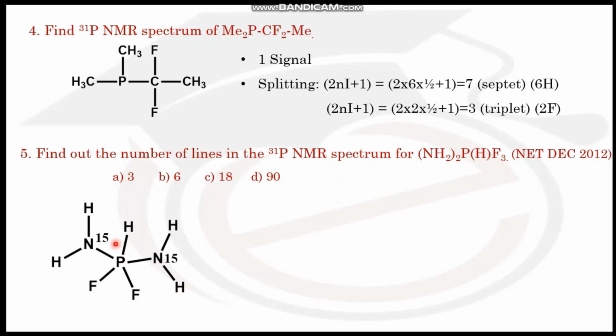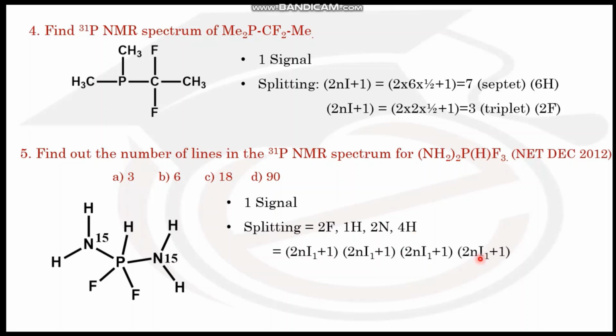So overall 1, 2, 3, 4 types of splitting are there due to this A type hydrogen, B type hydrogen, nitrogen and fluorine. Now we can write: it is one signal and splitting due to 2 fluorines, 1 hydrogen, 2 nitrogens and 4 hydrogens.